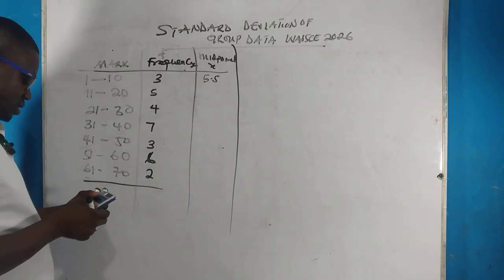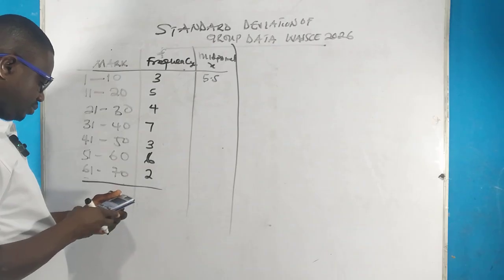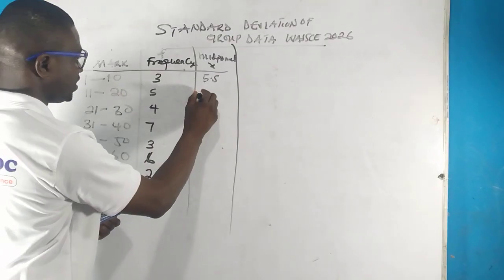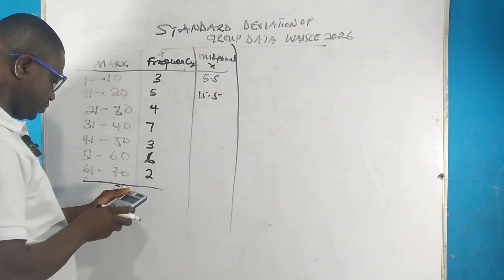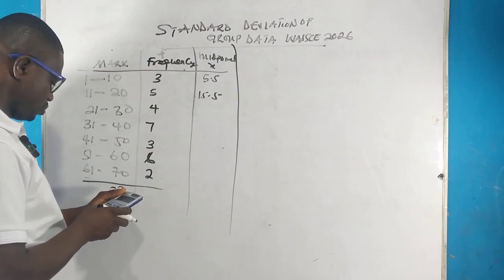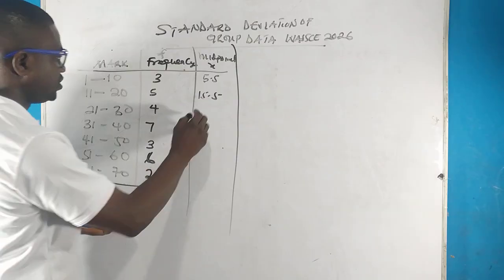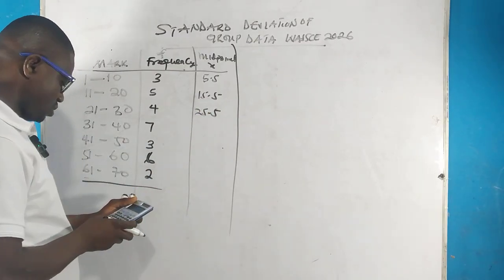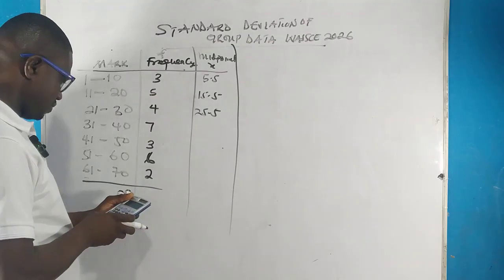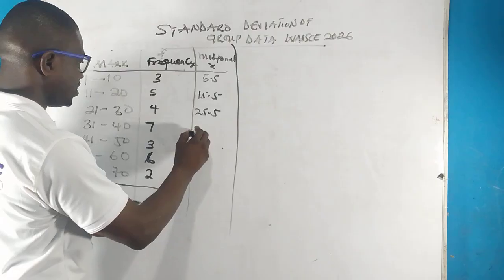Computing with your calculator, 11 plus 20 divided by 2 will give us 15.5. 21 plus 30 divided by 2 will give you 25.5. 31 plus 40 divided by 2 will give you 35.5.